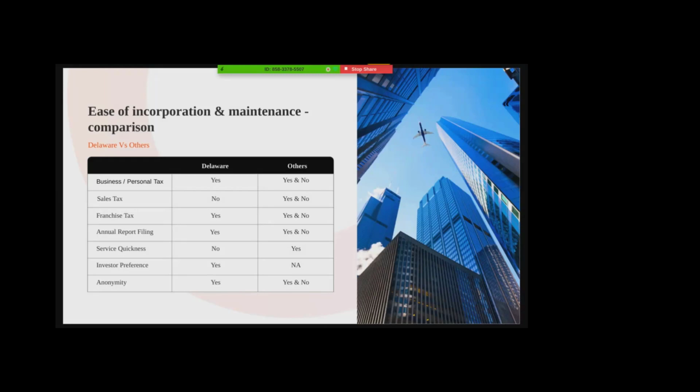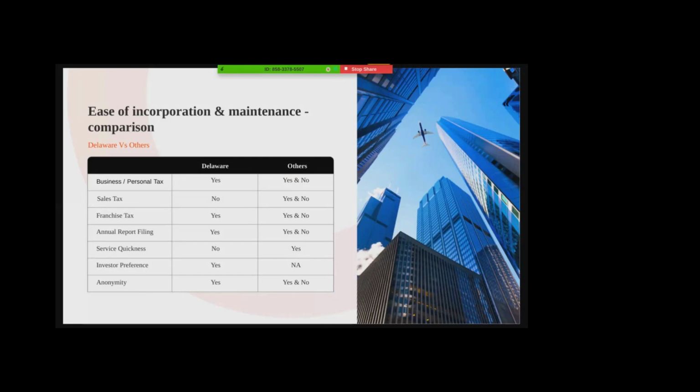What saves you is if you are a company in Delaware and sell within Delaware, then there is no sales tax to be paid. Or if you are a Delaware company and you sell to somebody in Wyoming, then again there is no sales tax. This is the part which people don't understand. Delaware having zero sales tax doesn't mean that you don't have to pay sales tax at all. It is based on where your customer or client is.